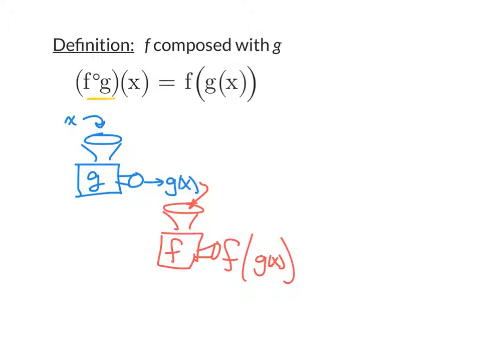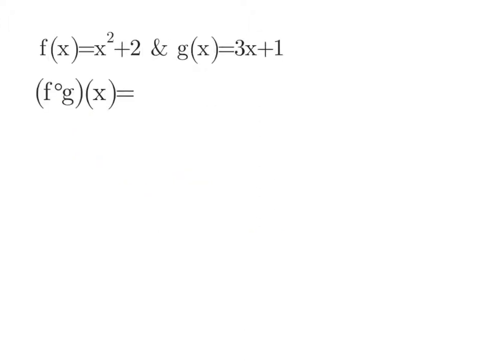I can't really reiterate this enough: we take x and first plug it into g and then plug it into f. So let's consider f of x being x squared plus 2 and g of x being 3x plus 1. We really want to think about this as f of g of x. So within function f, I'm going to plug in 3x plus 1.